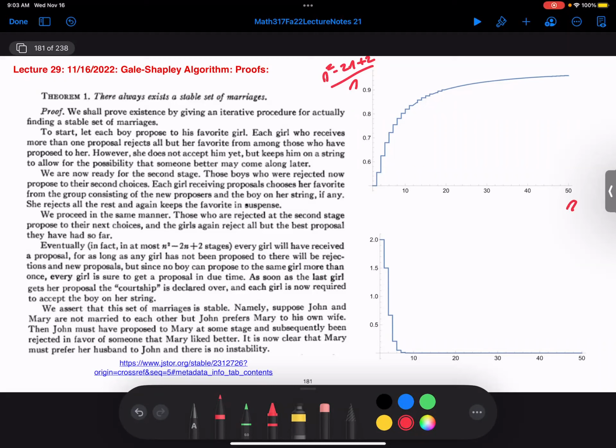I have n men in one group, n women in another group, and I want every man matched with one woman, every woman matched with one man. 2n choose n would mean I have 2n people total, and I'm choosing a subset of n from them.